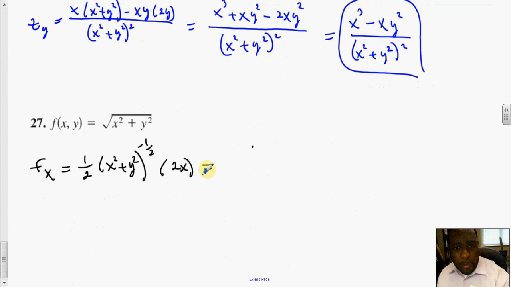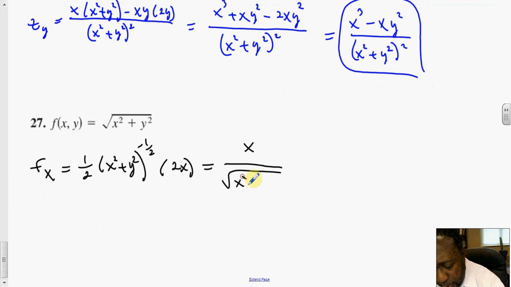So we end up with x all over the square root of x squared plus y squared.